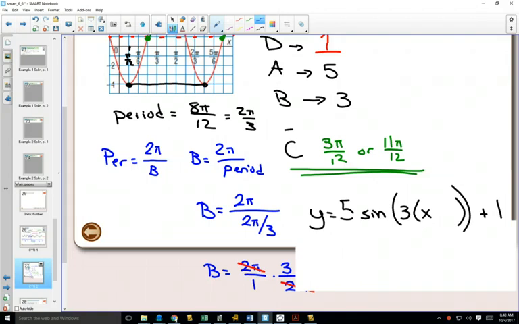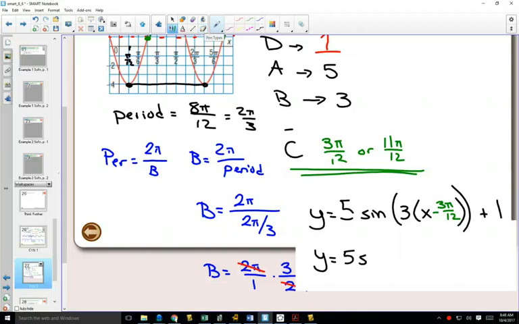Because if we looked at a cosine graph, it still has an amplitude of 5. The starting value is what could change. So if we used the 3 pi over 12, that's 3 pi over 12 to the right of where the starting value normally is. So we could write that as minus 3 pi over 12 or pi over 4. Another equation for this one.